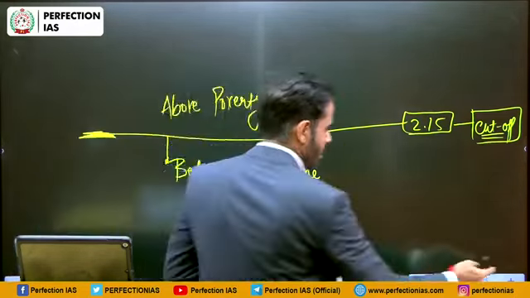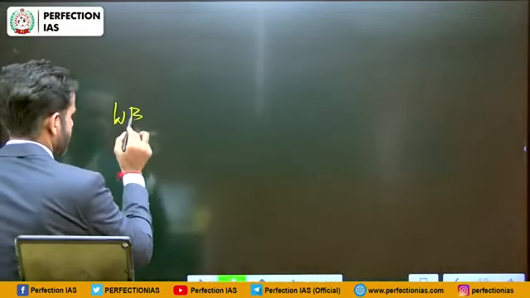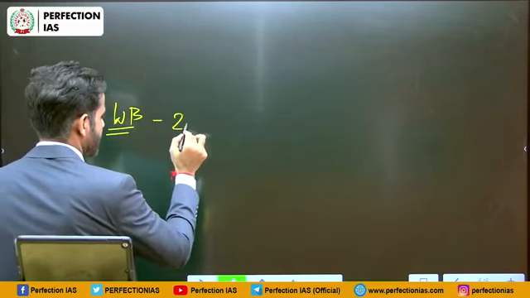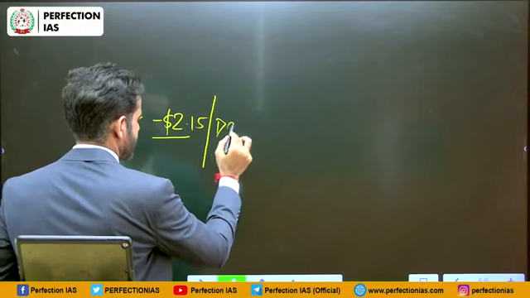So as per World Bank, the poverty line is $2.15 per person per day.